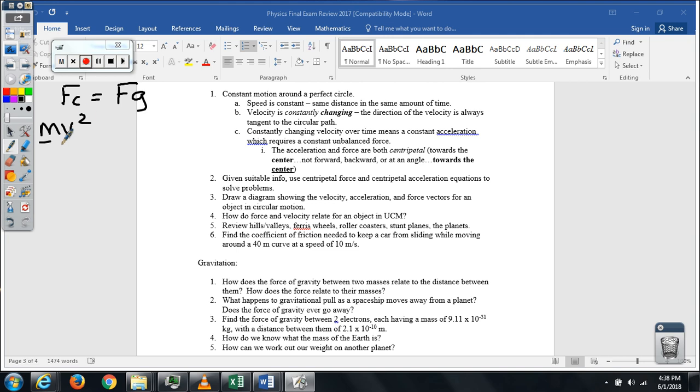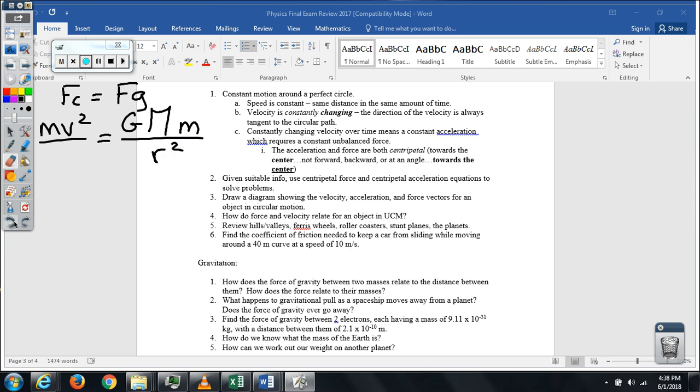So mv squared over r equals G times the mass of the Sun times the mass of the planet divided by the distance squared. We lose an r.